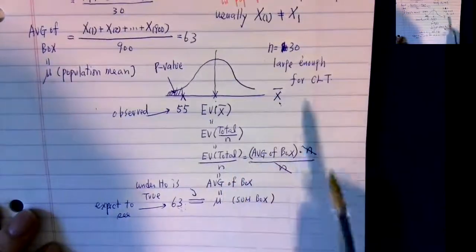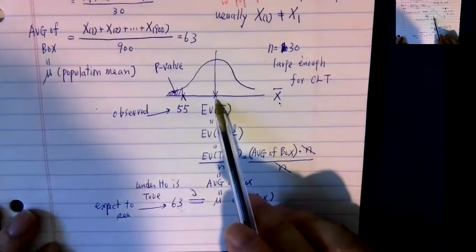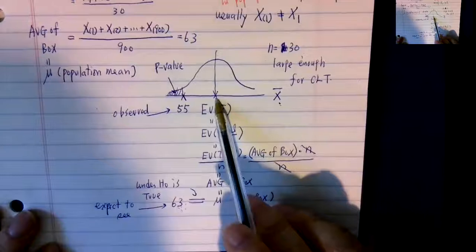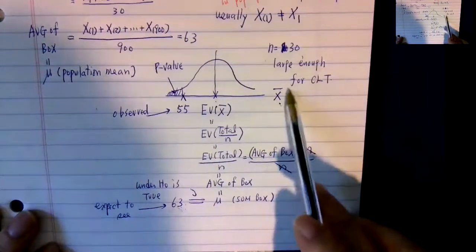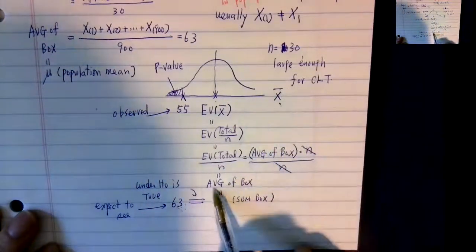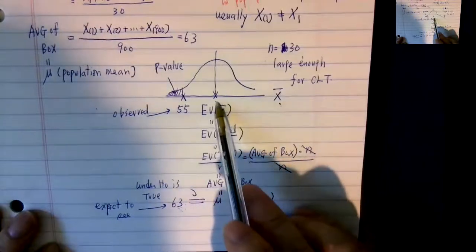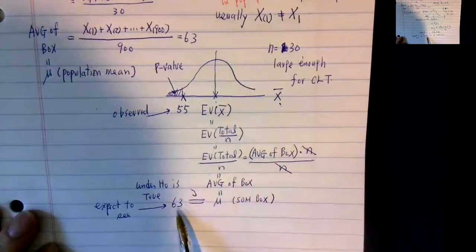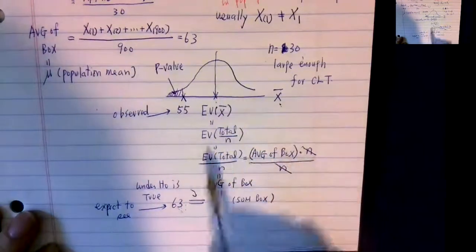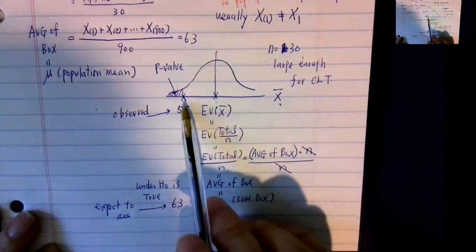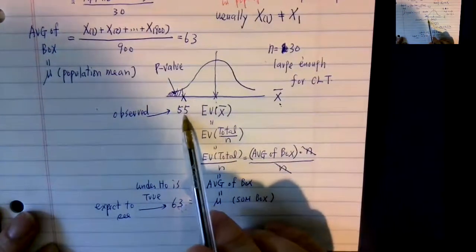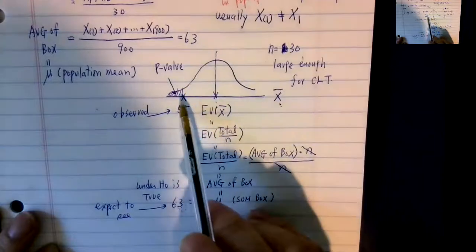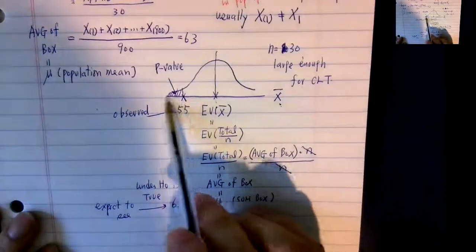As I mentioned, under H naught is true, I expect to see what? I randomly select 30 students and find the sample average should be just like the population average, close to 63. Under this assumption, how likely am I to randomly select a very weak group, with an average of only 55, or even less than 55?